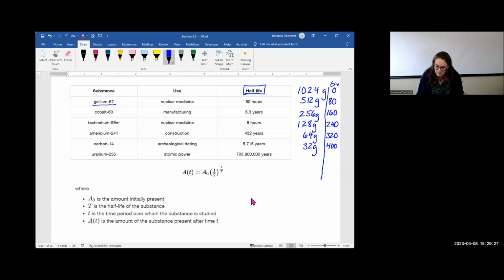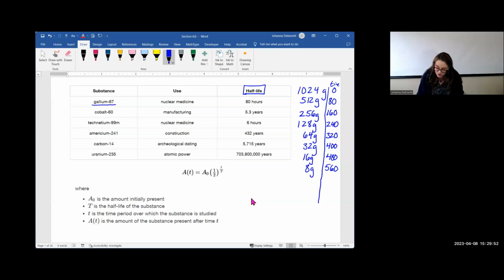And you may say, well, yeah, but eventually you're going to get to nothing. No, you don't. You never get to nothing. You just get to something you can't measure easily anymore. After 480 hours, we still have 16 grams, which is still plenty to kill you. And then after 560 hours, we still have 8 grams, plenty deadly.